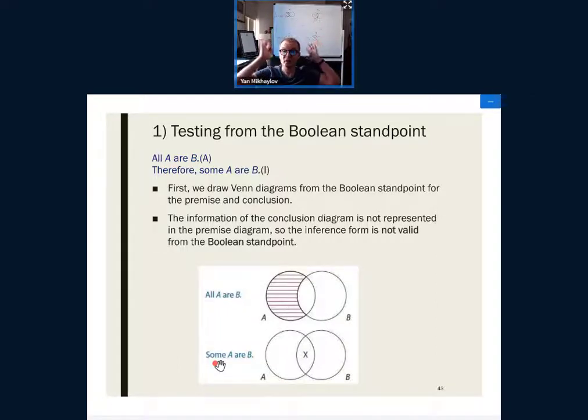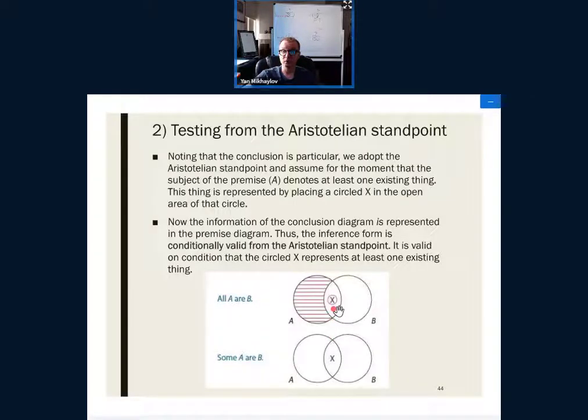We just copy exactly what we have on the board. We copy them, and then we test them from Boolean. It's not valid from Boolean, because you have shading here, you have X here, so they don't match. This one doesn't follow from the other one. And before we would say just that it is invalid. Now we can do the second step. We put an X with a circle here.